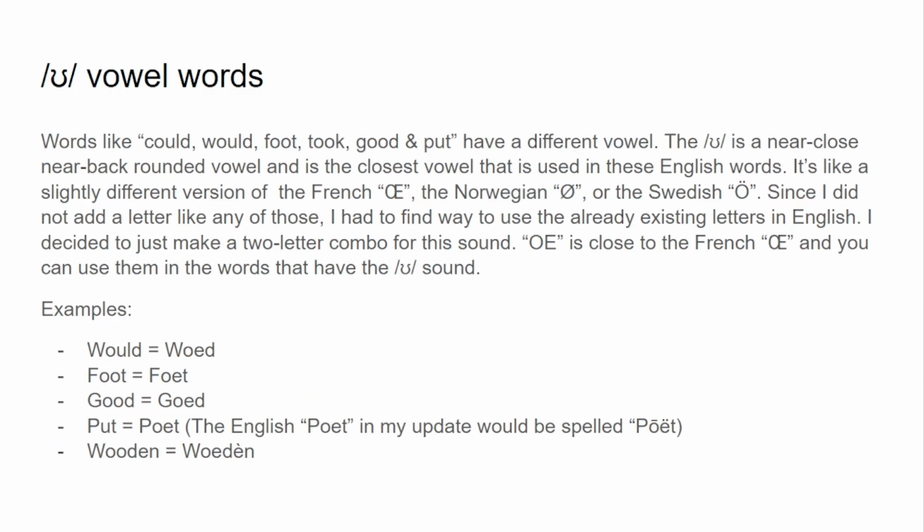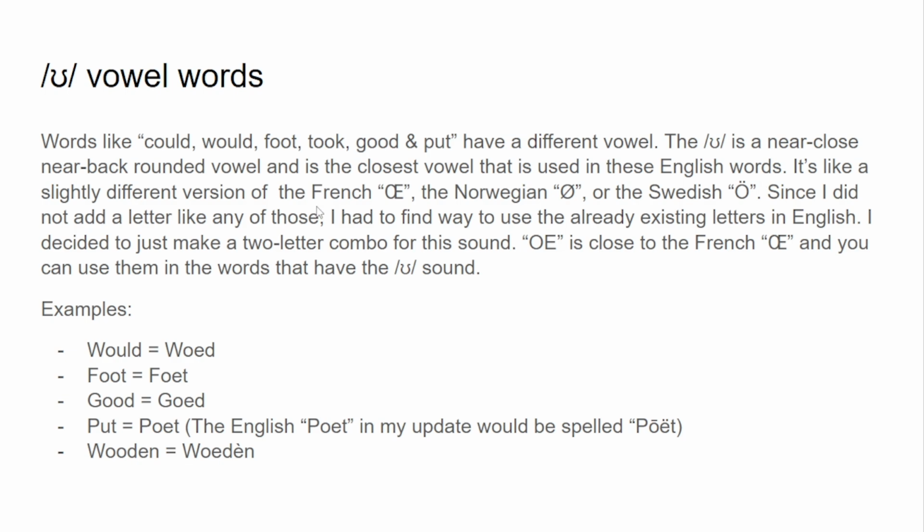And then here's an interesting thing. So you might notice that there are words like could, would, foot, took, good, and put. They use a different vowel. So the vowel that I use that's close enough that I can find in the IPA is this symbol right here. This is a near back rounded vowel, and is the closest vowel that is used in these English words.